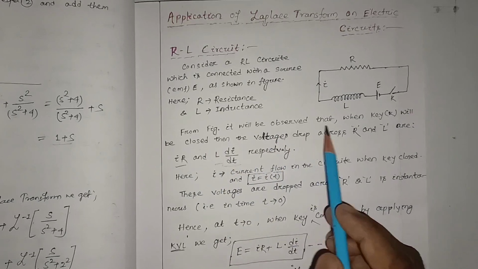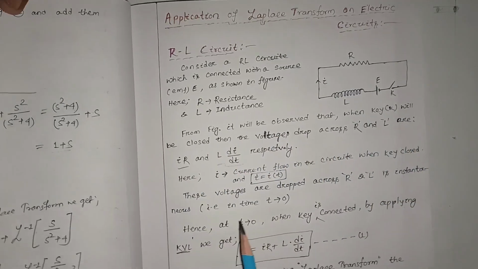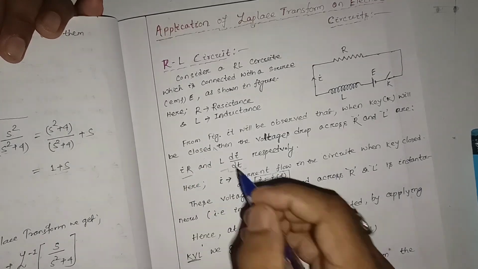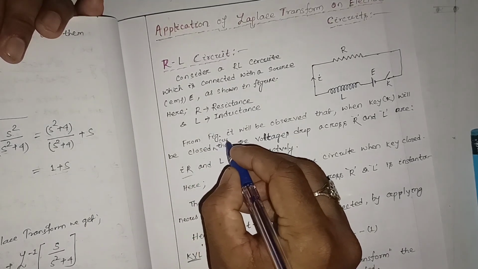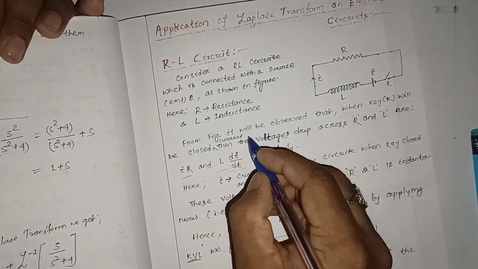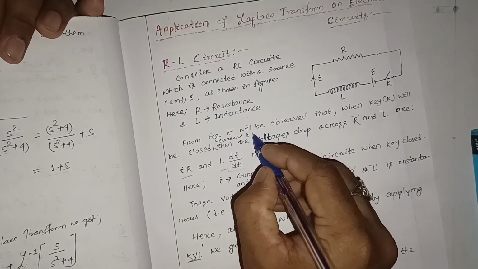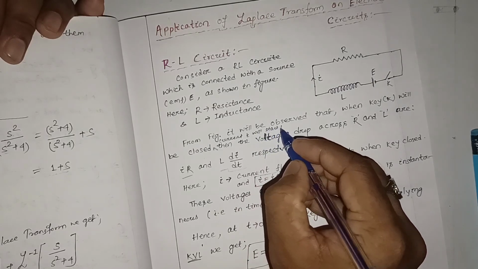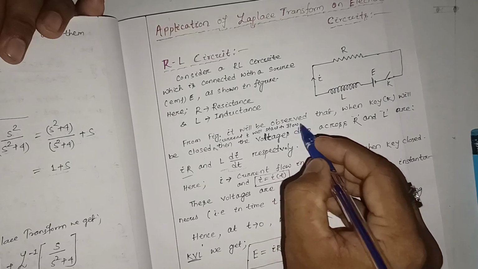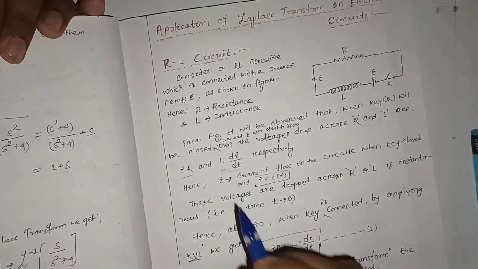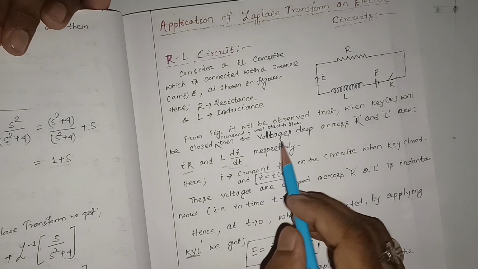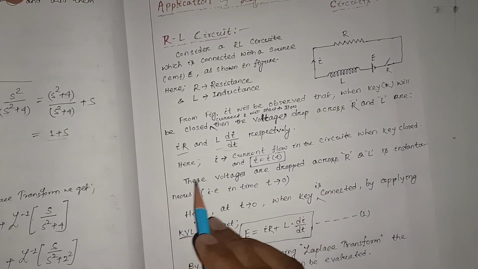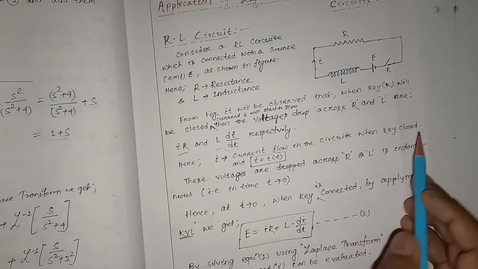From the figure it will be observed that when the key is closed, current I will start to flow. Then the voltage drops across R and L are this and this respectively. Here I is the current flowing in the circuit when the key is closed.